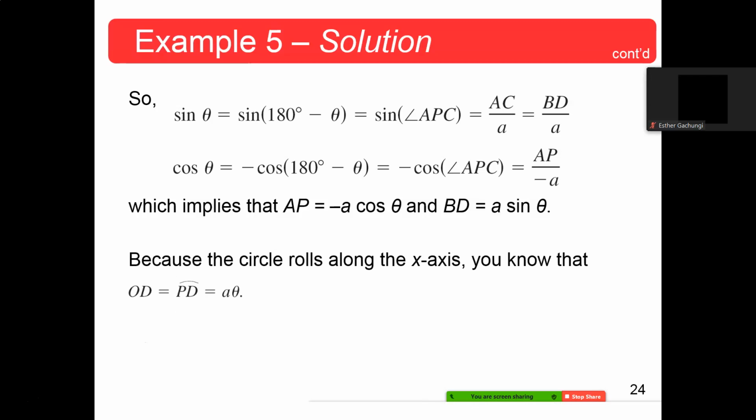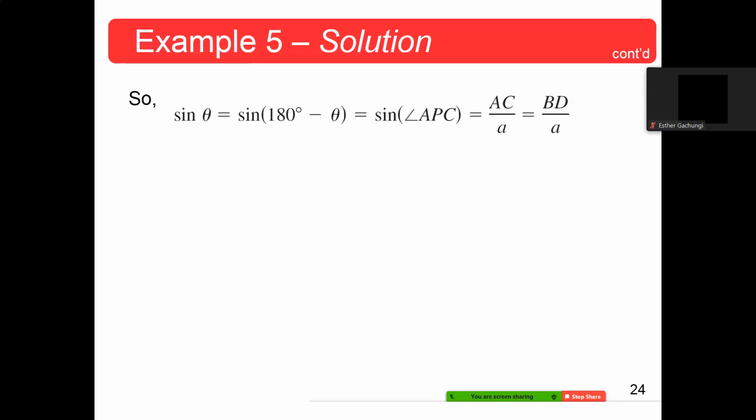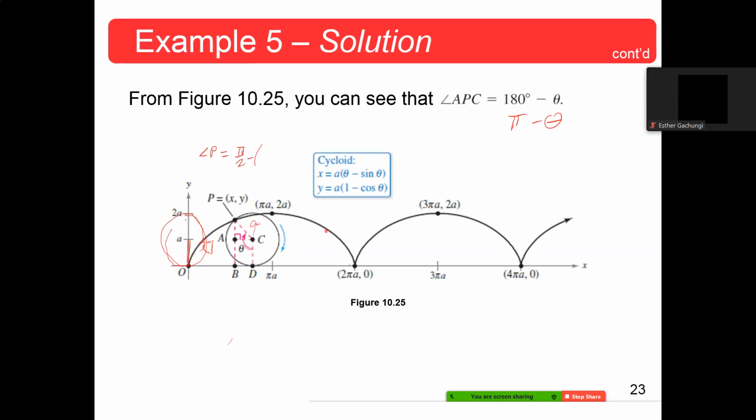Because the circle rolls along the x-axis, you know that OD, which is also the arc PD, is the distance from the origin to any place here where this is AD. That's the first part of it, but then you subtract the BD from it. So it's OD minus BD.